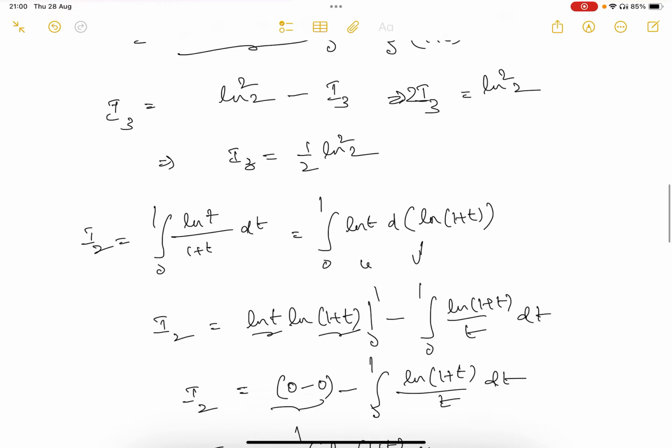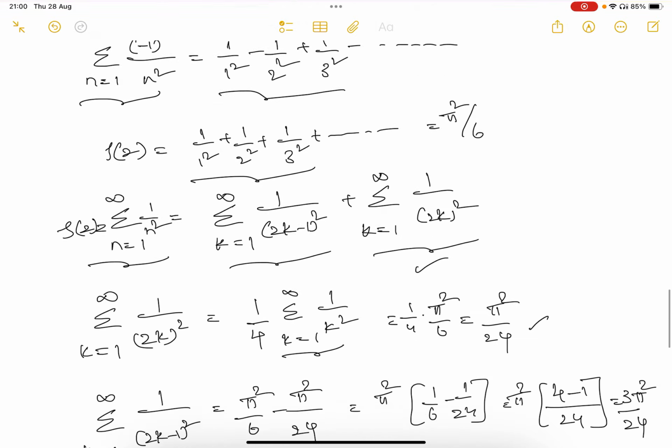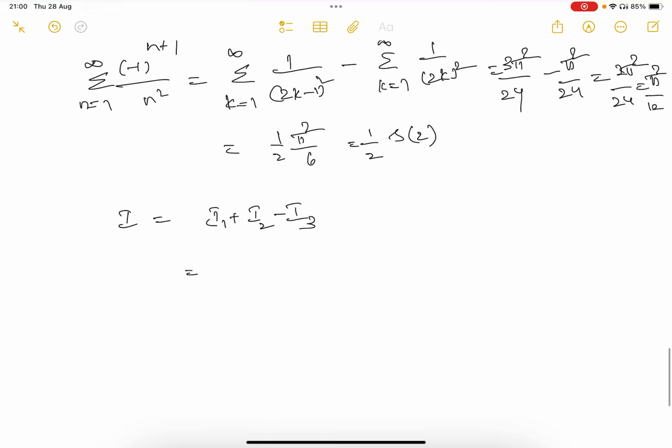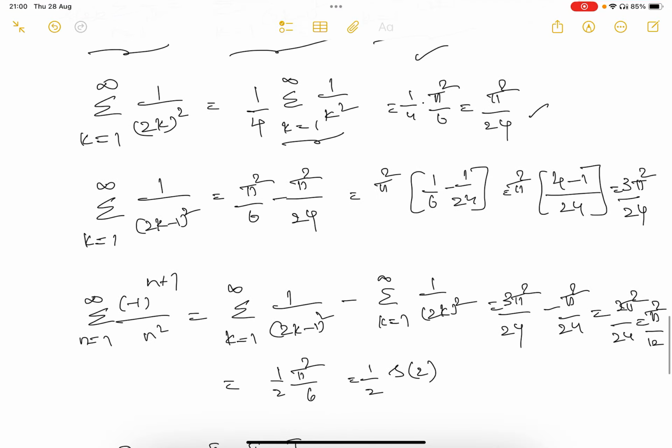I3 is half ln square 2, so minus I3 is minus half ln square 2. Plus I2, our I2 case is this.